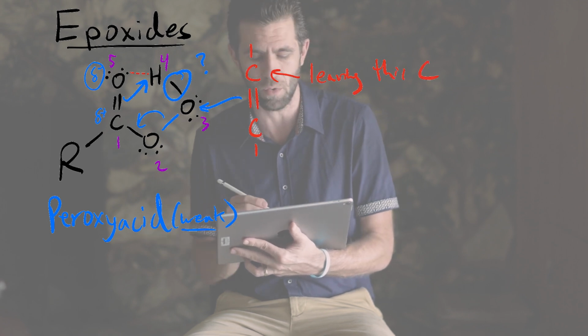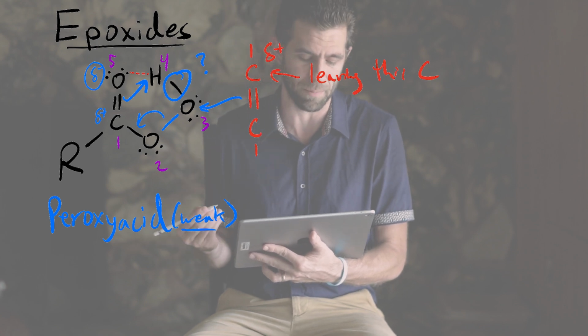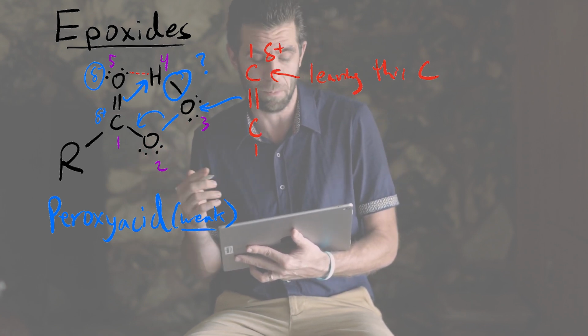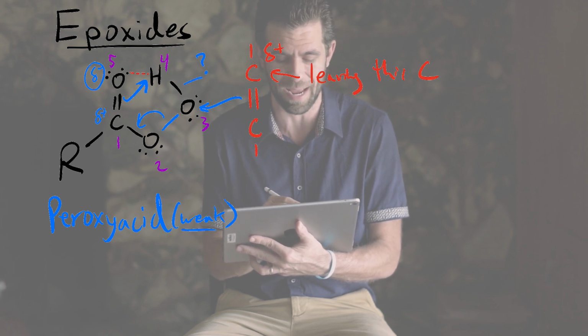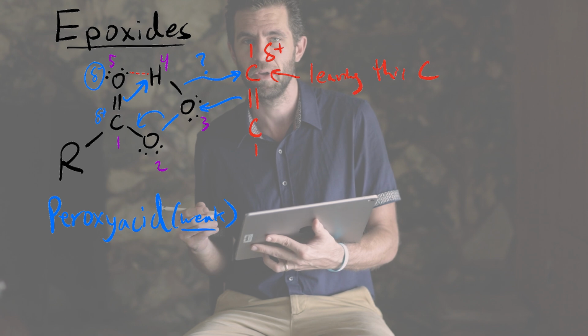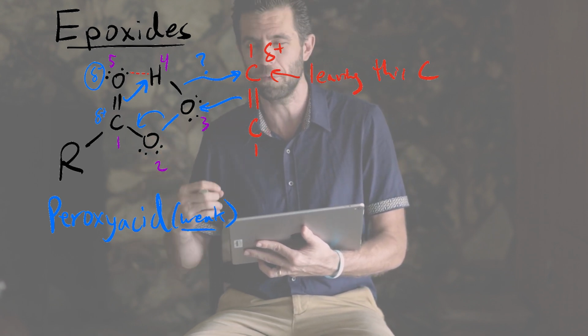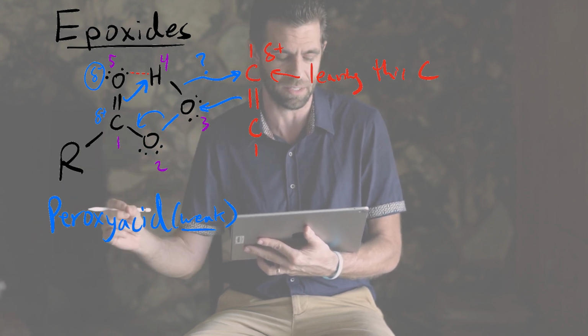So what does that do? That makes this carbon become really positive. And as it's becoming positive, and we have these electrons over here that are marooned, so to say, those electrons are going to attack that carbon. So now you see we've shown where every electron can go and the reason why each of these electrons goes to those places.